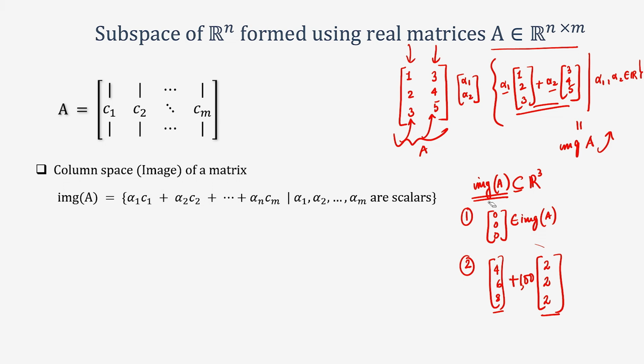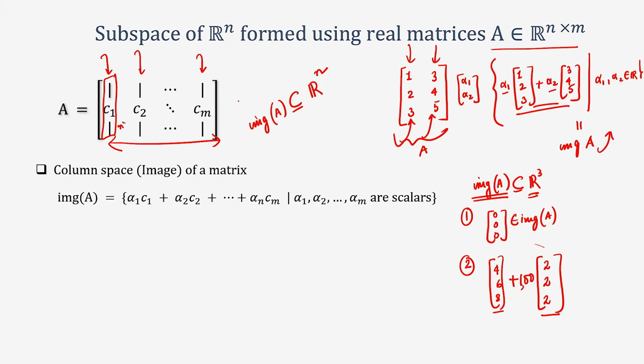As a matter of fact, you can take any element from the image of A. The idea is very simple. If you have a matrix A which has, suppose in this case, m columns, the set of linear combinations of the columns is a vector space over R, and in this case it will be a subset of R n, right, because what are these vectors' size?